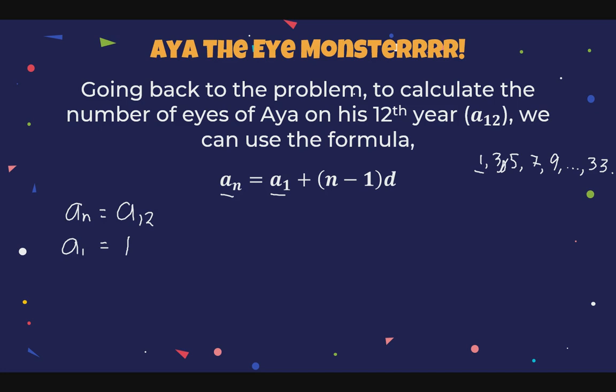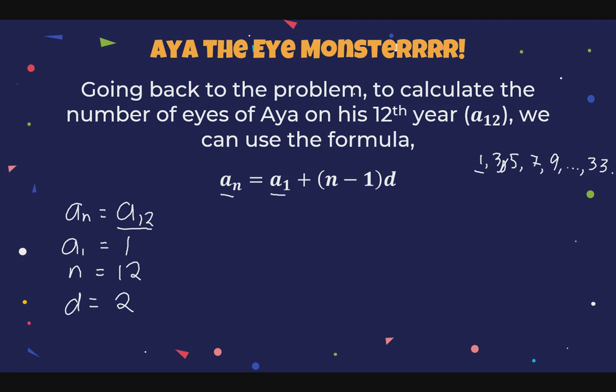And our n is equal to 12, since we are looking for the 12th term. And our common difference is 2, like what we discussed a while ago. So let's substitute these values on our formula or on our equation.